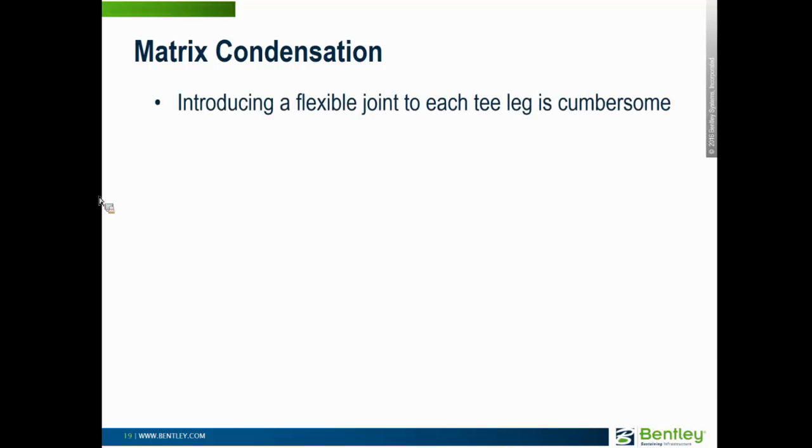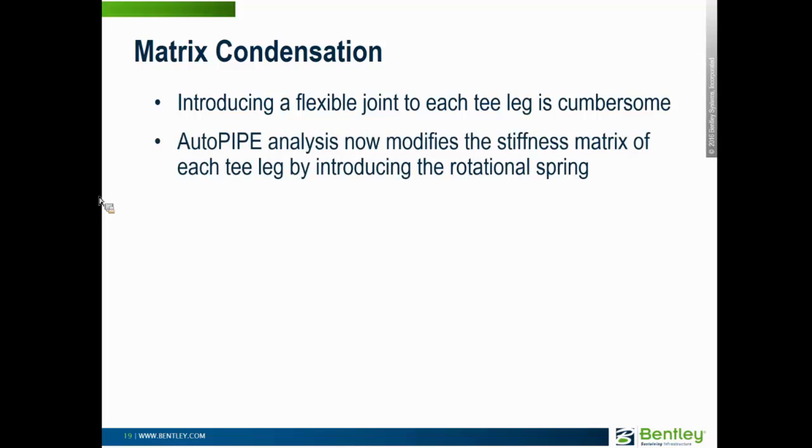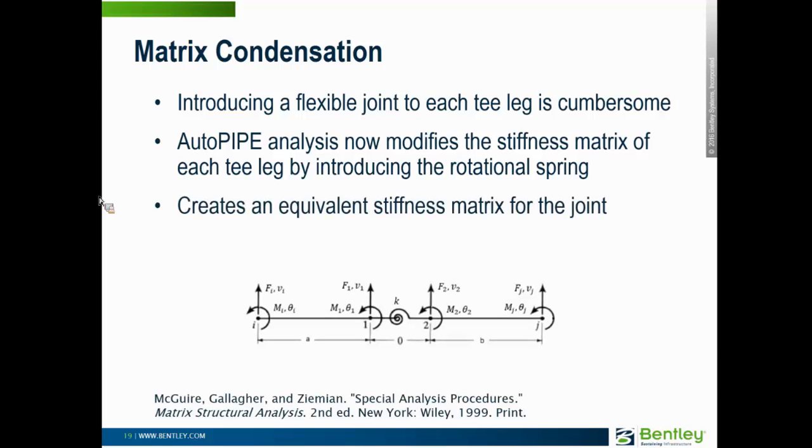Instead, AutoPIPE introduces the spring through a concept called matrix condensation, which creates an equivalent stiffness matrix of the actual pipe leg. Now it incorporates this joint, and I'm not going to go into the nitty-gritty of how this matrix condensation is performed, but you can review the procedure in the reference posted at the bottom of the slide.